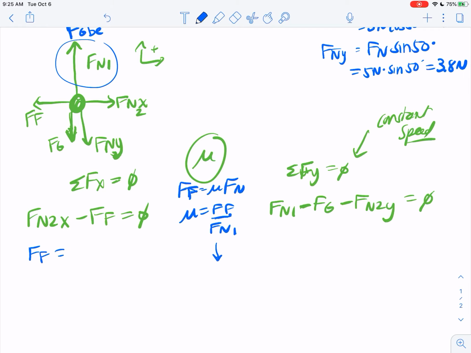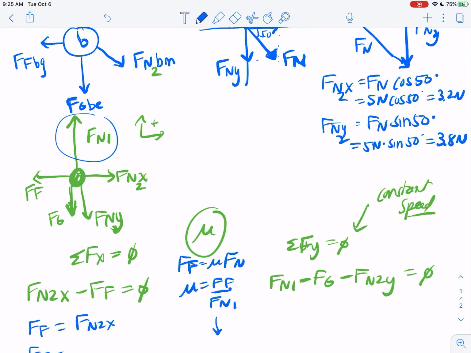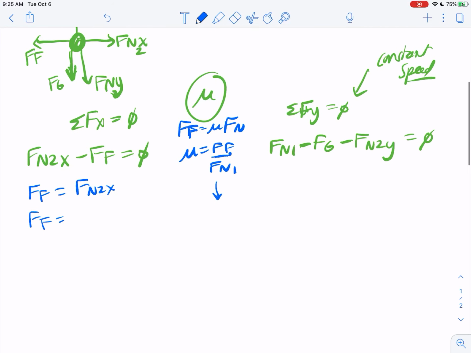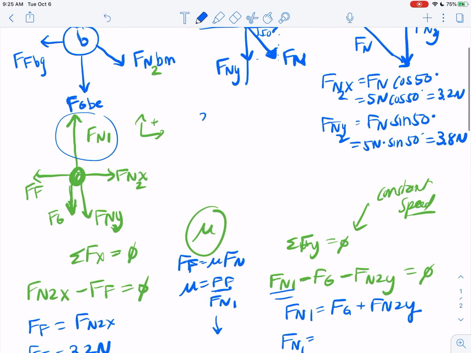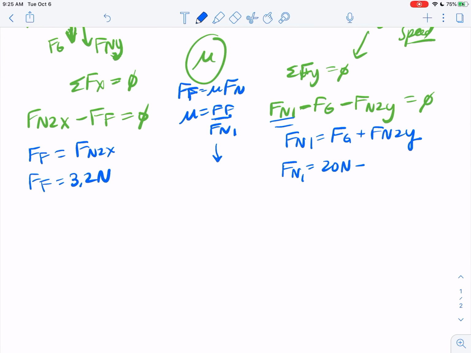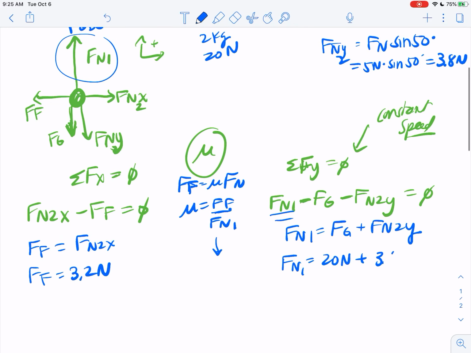So over here, FN2x, that was convenient because I already solved for that up here, which was 3.2 newtons. And then over here, this is the one I want, so I'm just going to reorganize. Fg, I think the broom was 2 kilograms, so I'm just going to call that 20 newtons. 20 newtons plus FN2y was 3.8.